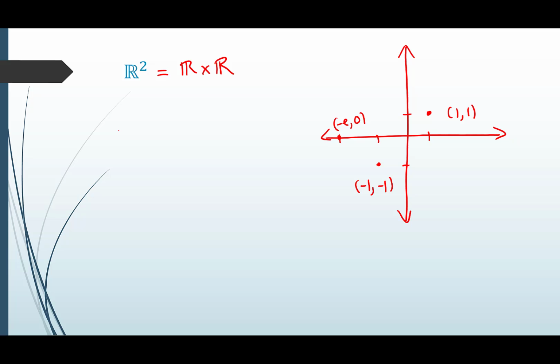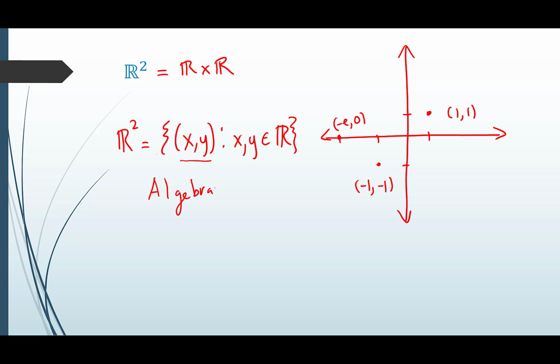Another way you can think about R2, if you think about this Cartesian product, it's just the set of all points (x, y) such that x and y are both real numbers. Okay. So I would say this is more of the algebraic viewpoint. And then over here, this is the more geometric viewpoint. Okay. And you want to be comfortable with both because we are going to be using both in some capacity in Math 350.